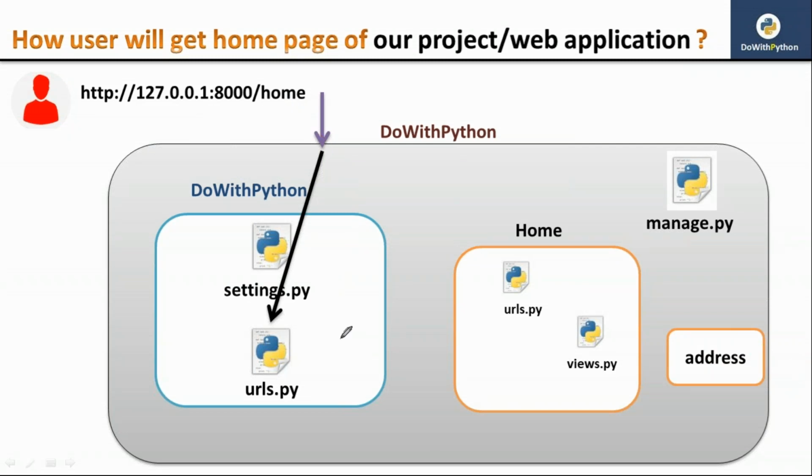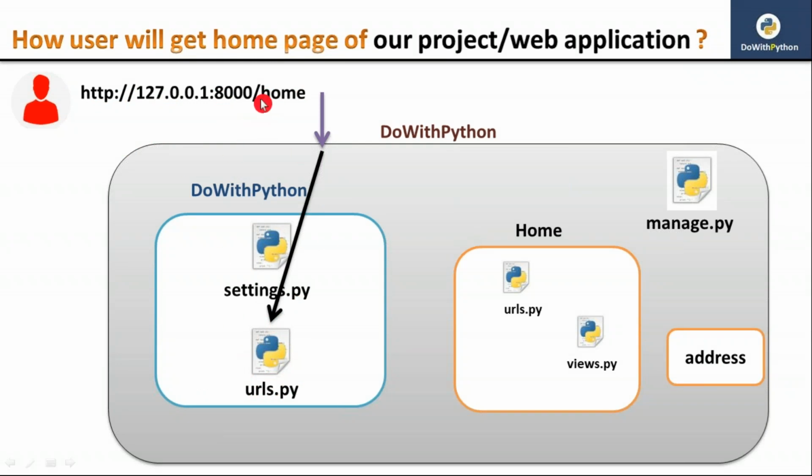Now from there, actually in each and every application you don't have a default urls.py file, you have to create it. From this urls.py, based on this URL, Django will redirect to the application it's related to.